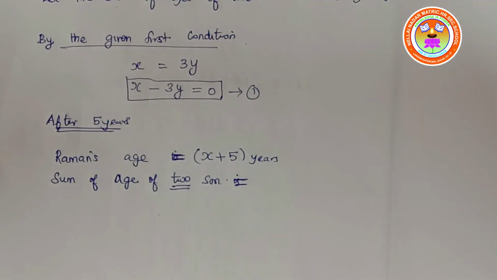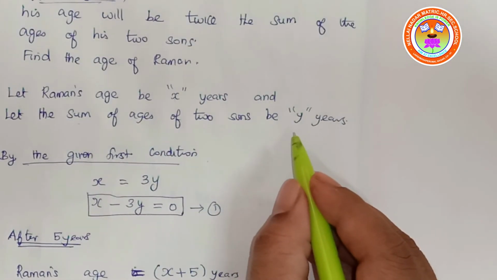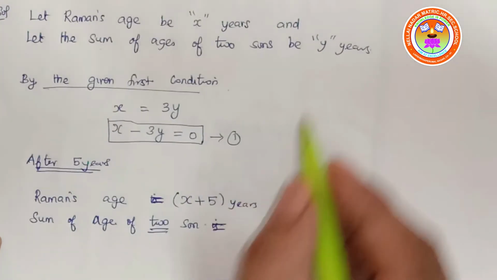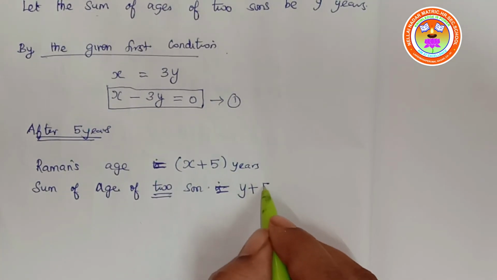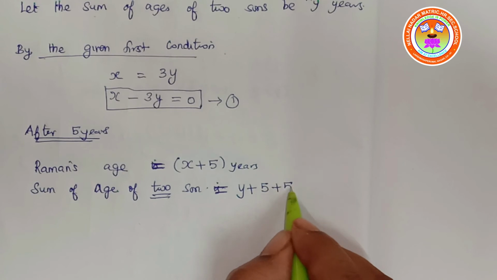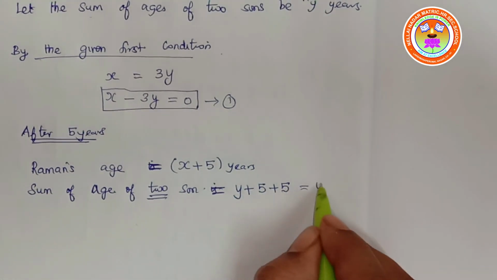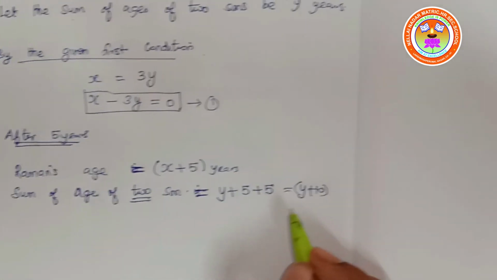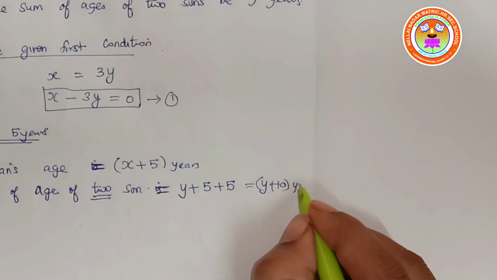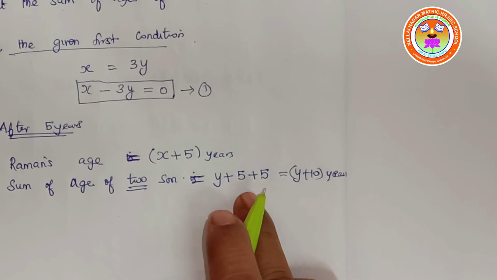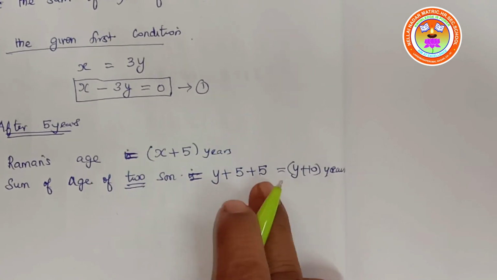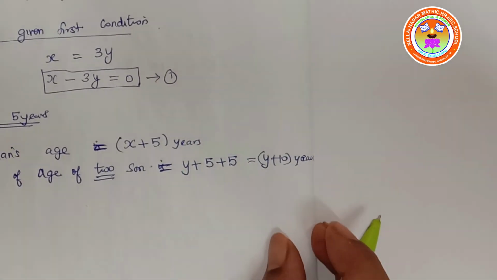Two sons. Okay. So we consider as how many years? Y years for two sons. So I can write y, for first son I put 5 and second son 5. That is equal to y plus 10 years. It's clear, children? It's very, very important. Okay. Y plus 5 should not be written, it is y plus 10 because two sons. So y plus 10 years.